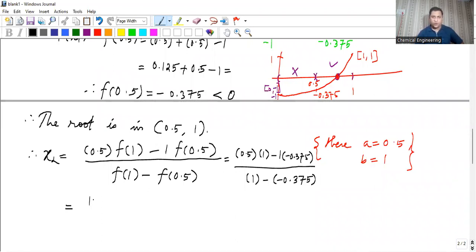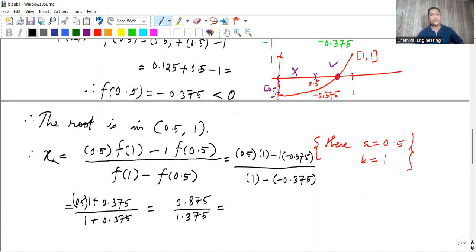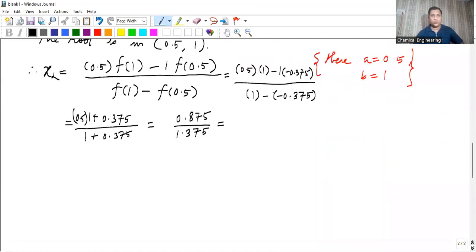So we can have 0.5 times 1 plus 0.375, and here we have 1 plus 0.375. So we got this as 0.875 upon 1.375, which is 0.6363.